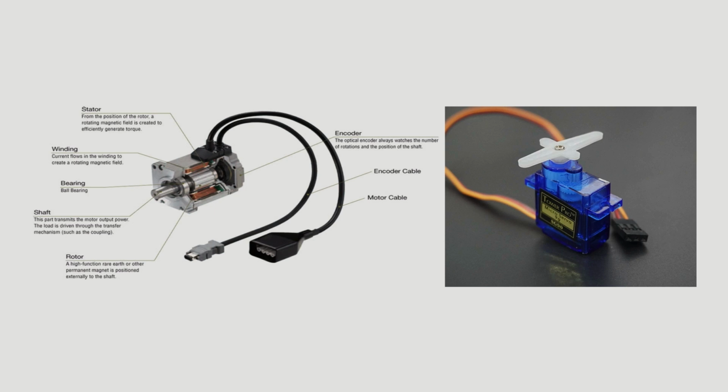The figure shows the different parts of servo motors and the actual picture of a servo motor. This is a motor with a very small size, which provides the rotation according to the supply and according to the command for controlling the servo system.